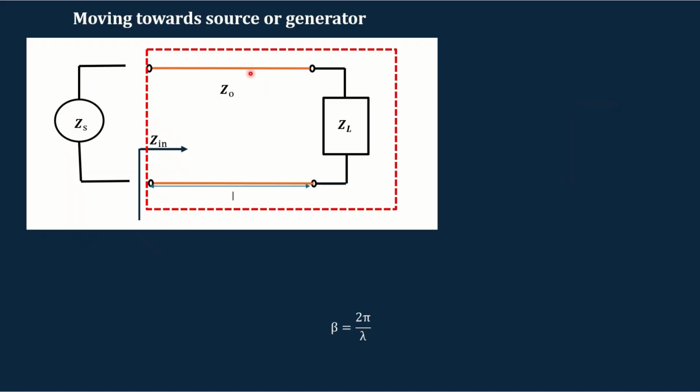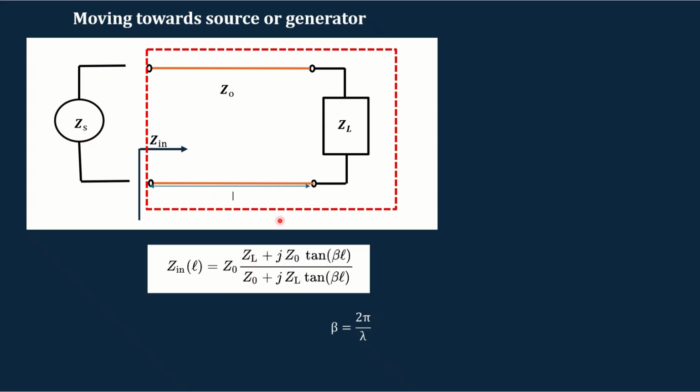To analyze what is meant by moving towards source or generator, let's split the circuit into two sections, where we have the source and we have the load, which is connected through the transmission line. So, if we see the input impedance of this system, that is, the load connected to the transmission line.